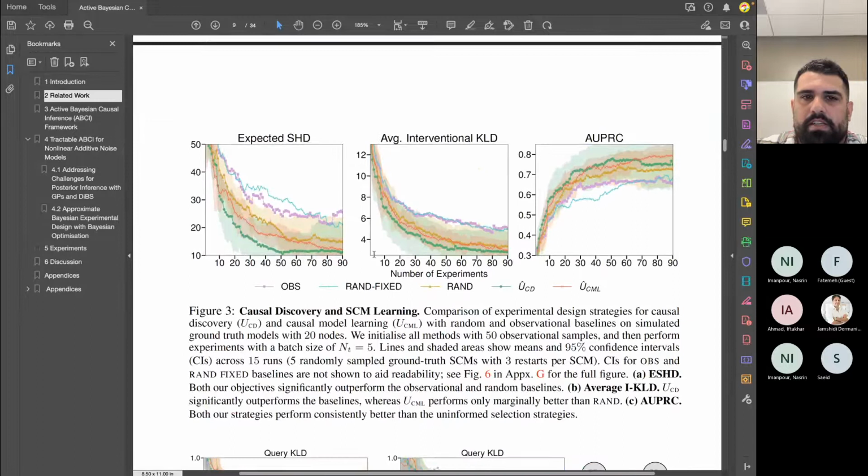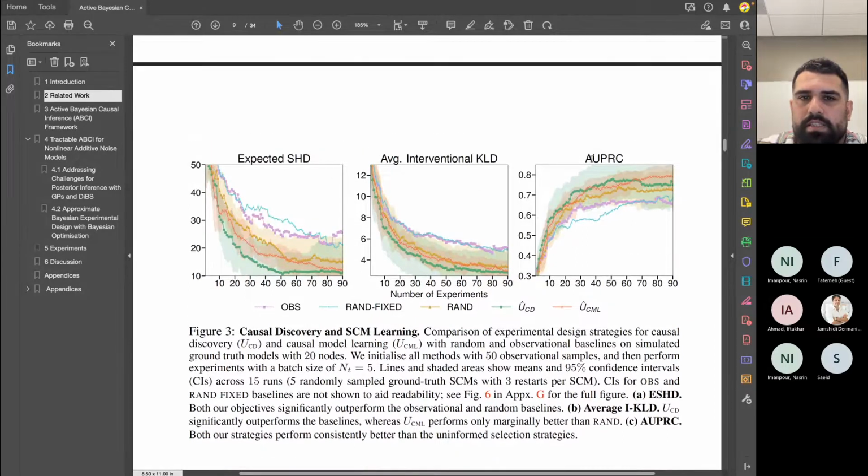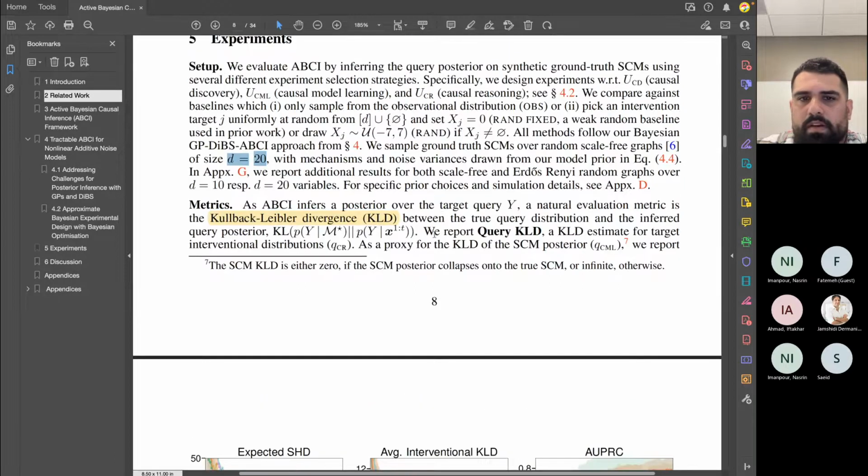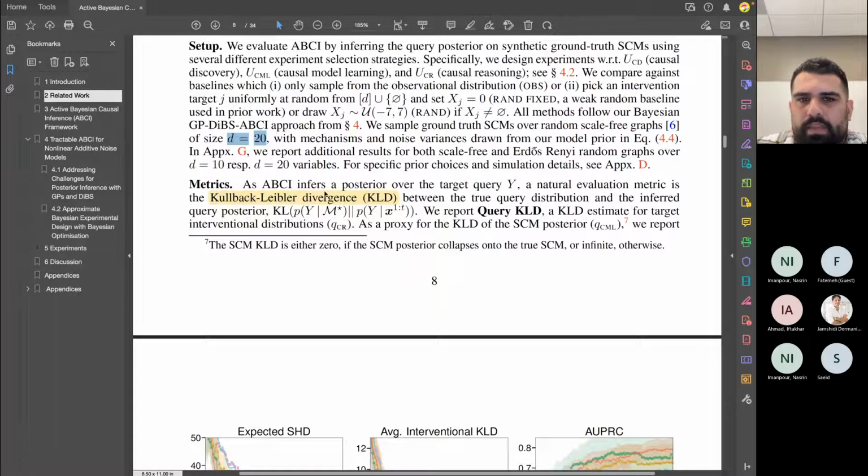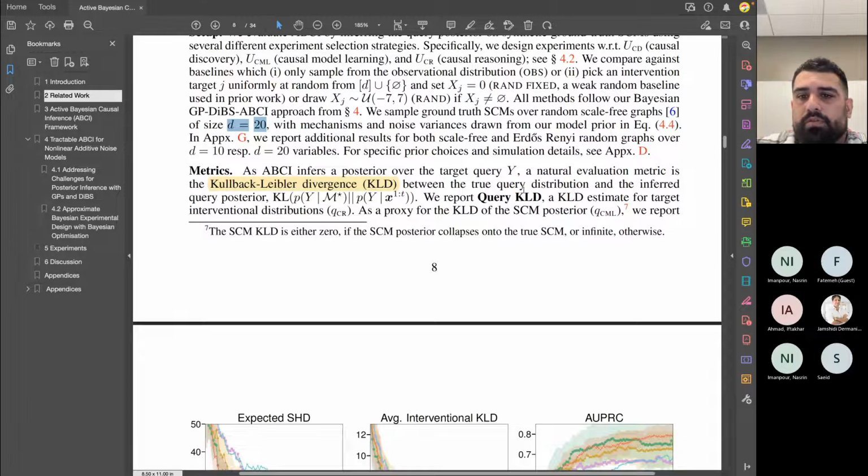So for metrics, they use SHD and KLD and AUPRC. Briefly, I'll explain what they are. KLD is Kullback-Leibler divergence, which is between the true query distribution and the inferred query posterior. And they report query KLD estimates for target interventional distributions.